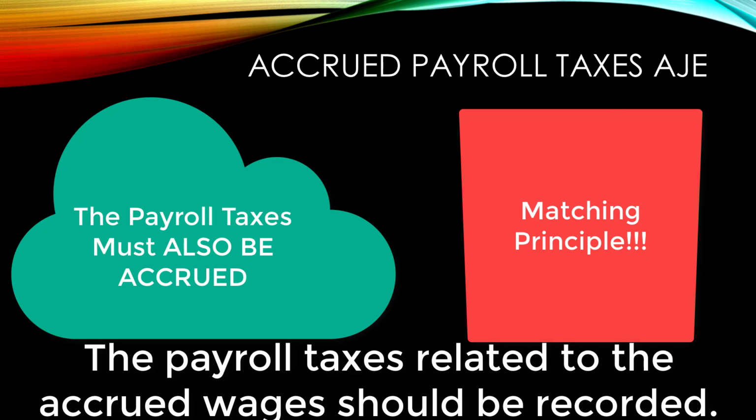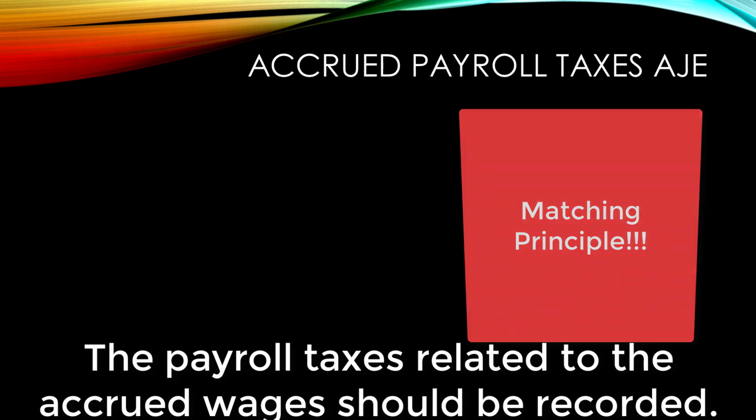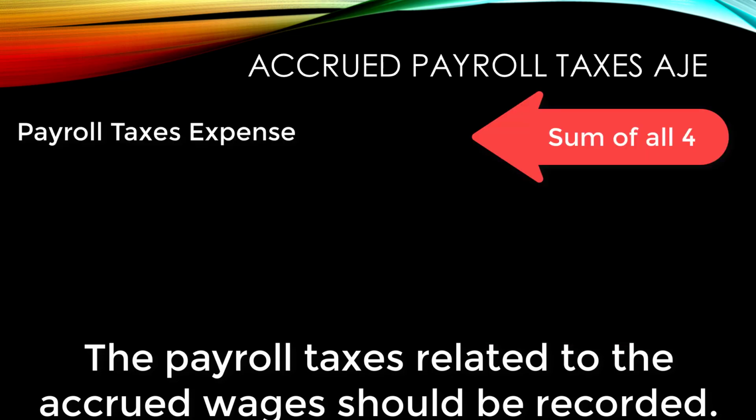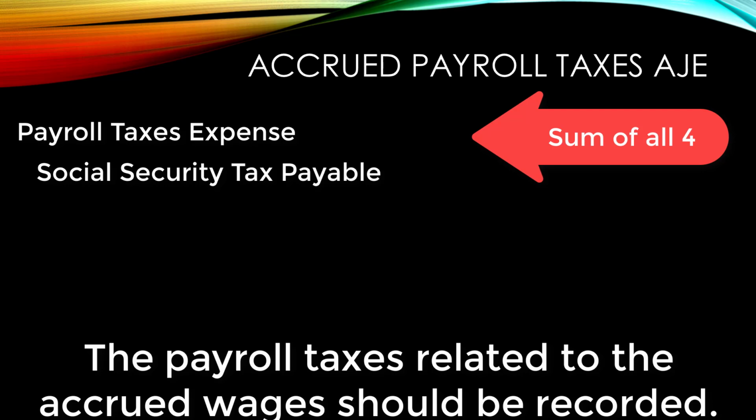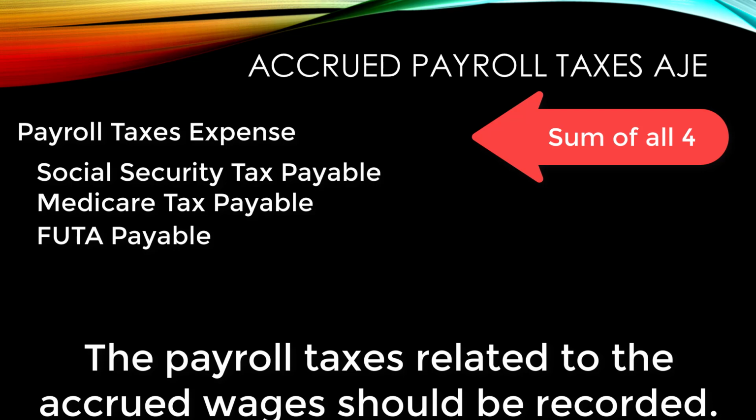For the adjustment, we would debit payroll tax expense for the sum of the 4 payroll taxes. Individually, we would credit Social Security tax payable, Medicare tax payable, FUTA tax payable, and SUTA tax payable. These would be computed the same way they were computed in the chapter.